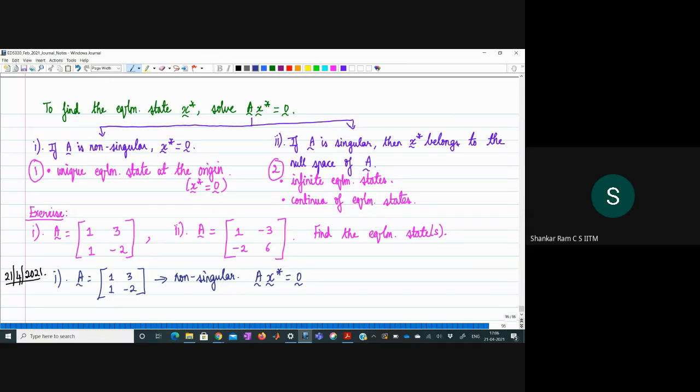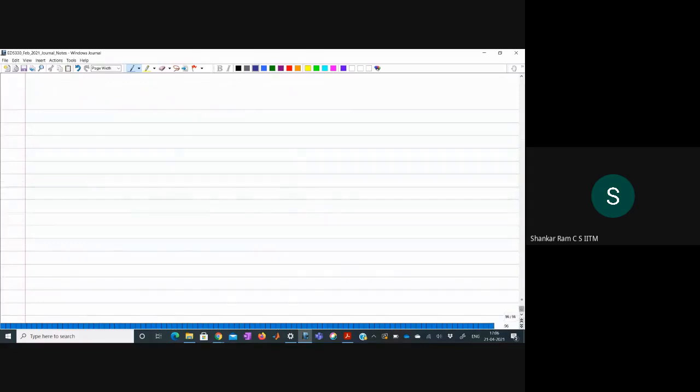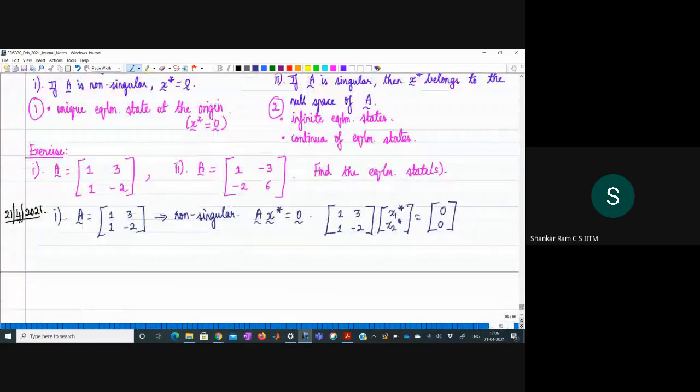So if we have that, what happens? The state matrix is going to be [1, 3; 1, -2], and x star is going to be [x1 star, x2 star], which is going to be equal to [0, 0]. On solving these two equations, we can immediately see that x1 star has to be 0 and x2 star has to be 0.